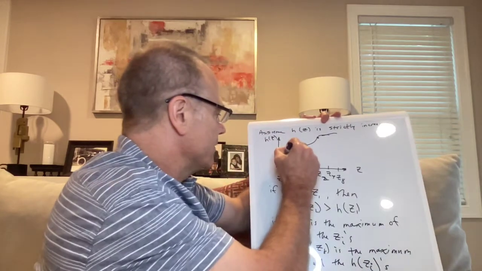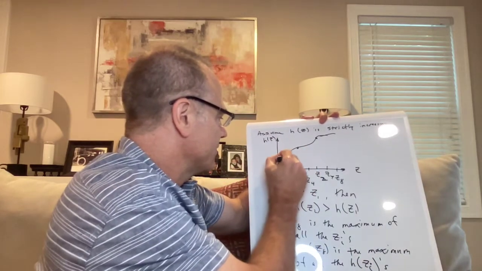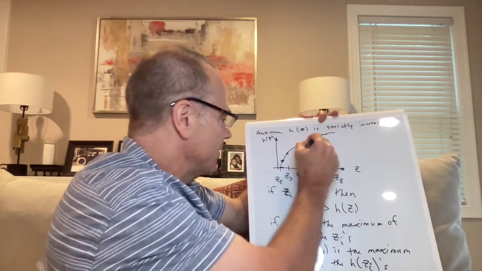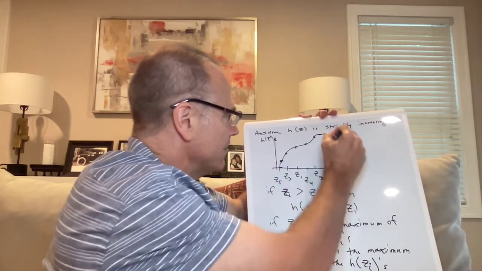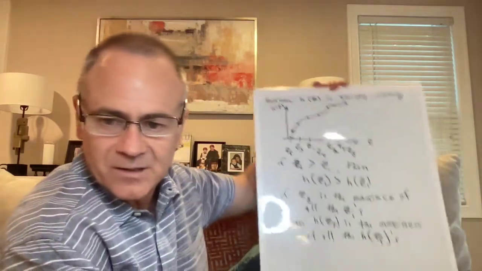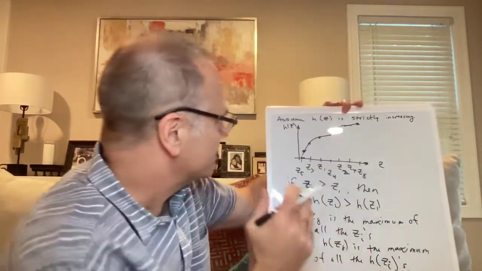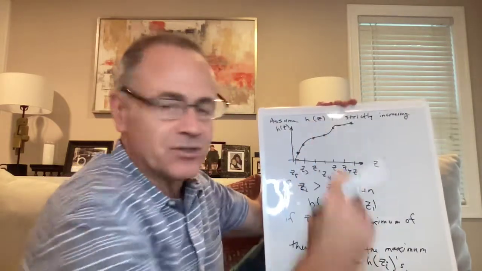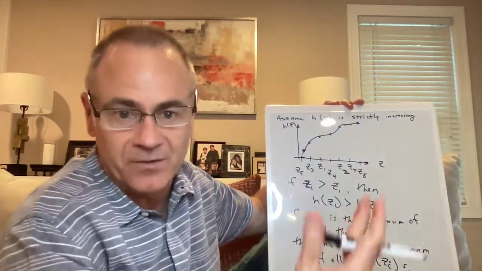The h of zi's are the height of all these dots. z8 has got to be the highest of all those. So in other words, if h of z is strictly increasing, it preserves order.